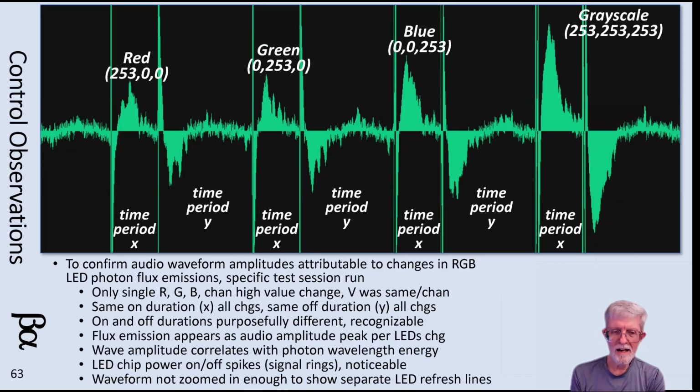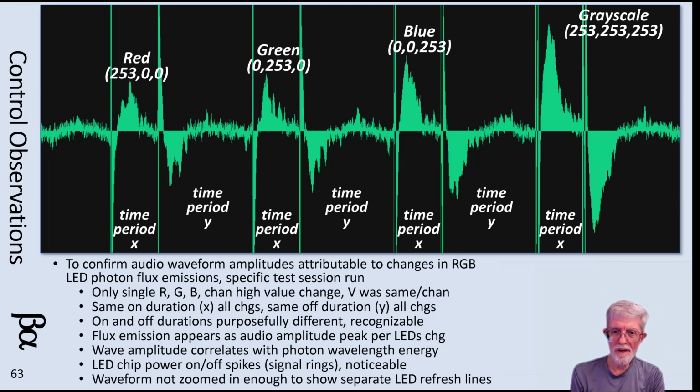But I purposefully ran a different test with different values. I changed the individual channels to almost the top, but not quite to the top. And then I started from no output at 0, and then went to the output, and then went back to 0 for a period of time to allow the LED chip to cool off so that I wasn't getting too much of a trim down.